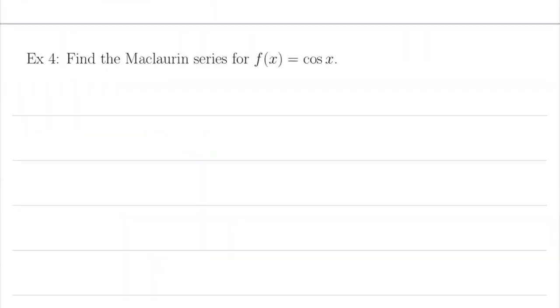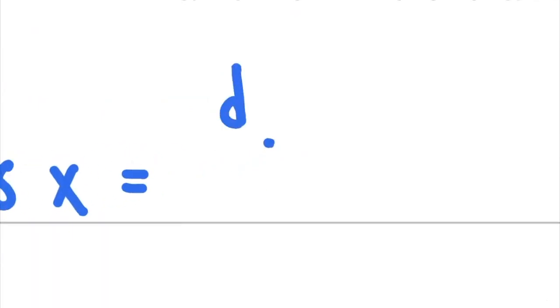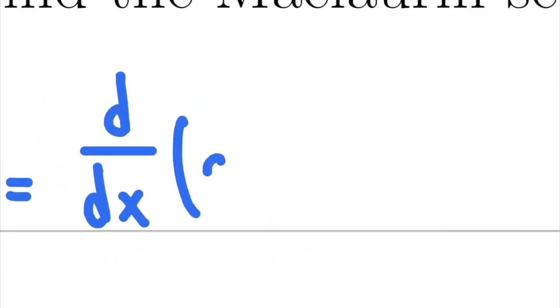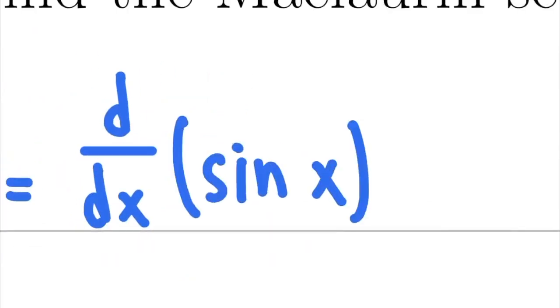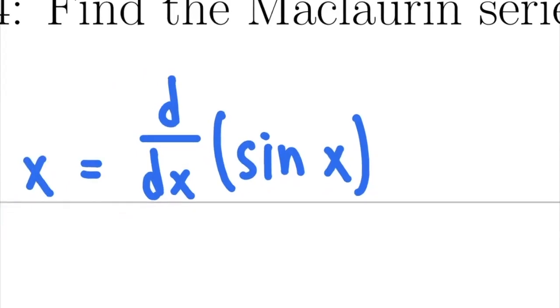So I'm gonna write that cosine is the derivative of sine of x, and I'm just gonna plug in the Maclaurin series for sine.